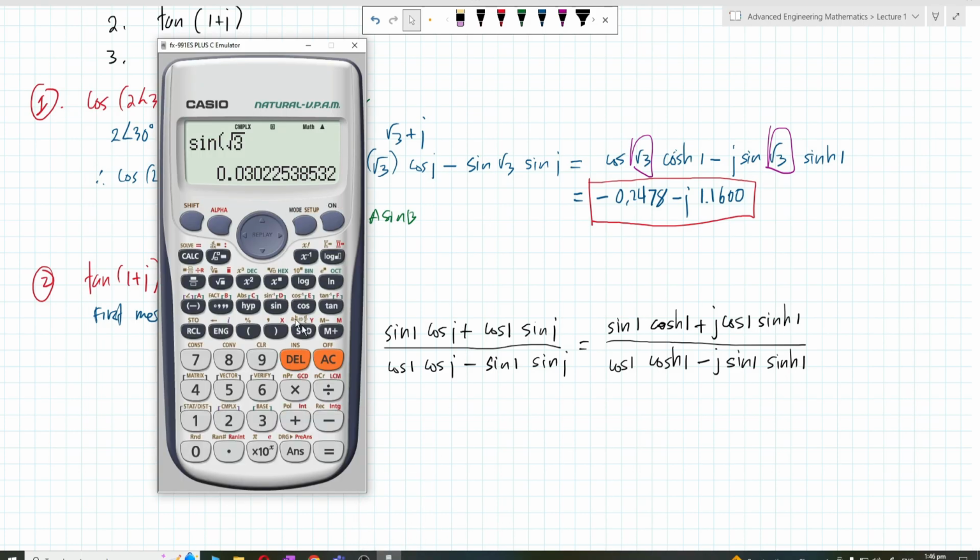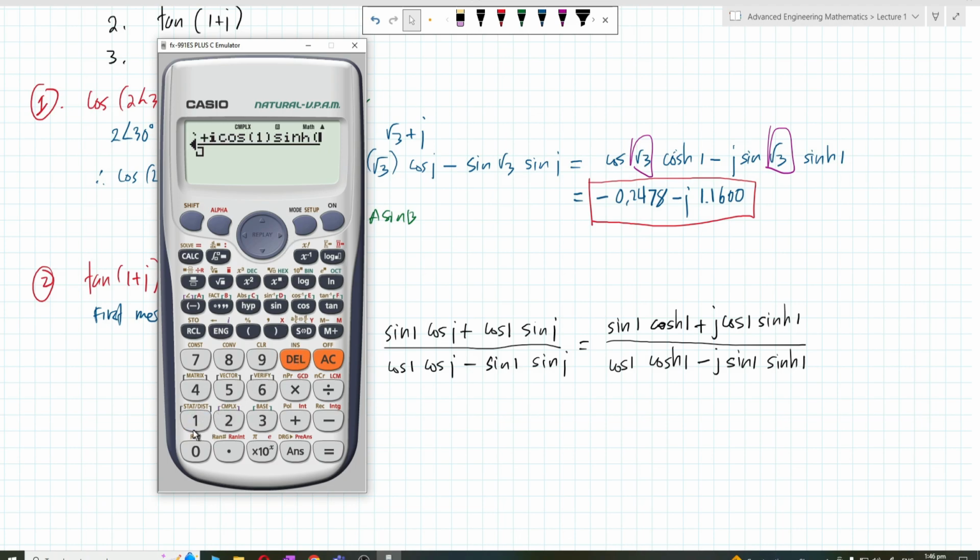Okay, so let me put it together, guys. We are in radian mode. Sine 1, cosine hyperbolic of 1, plus j cosine 1 and then hyperbolic sine of 1.